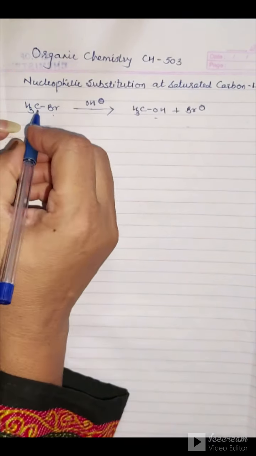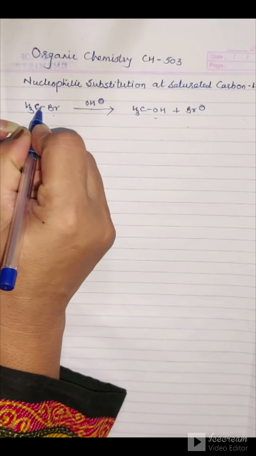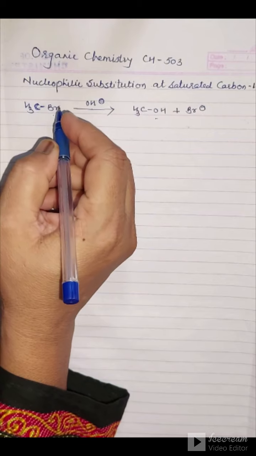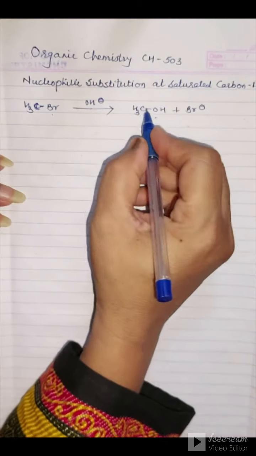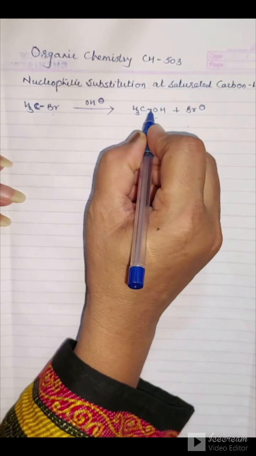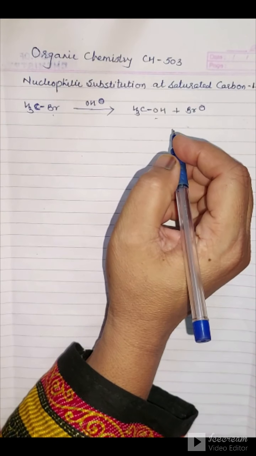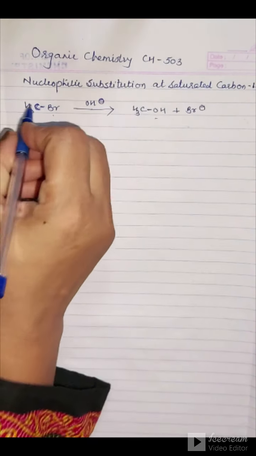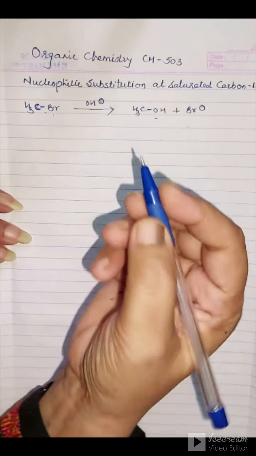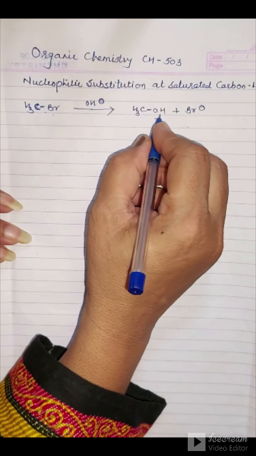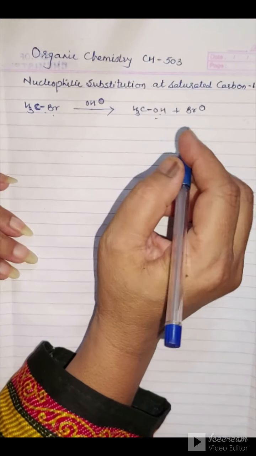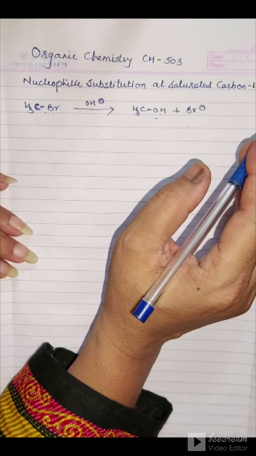In this reaction, this carbon-Br bond is the older one, this bond breaks and the C-OH bond is formed. So this is the organic reaction. In this reaction, this C-Br bond breaks and C-OH bond forms. So this is an example of organic reaction.